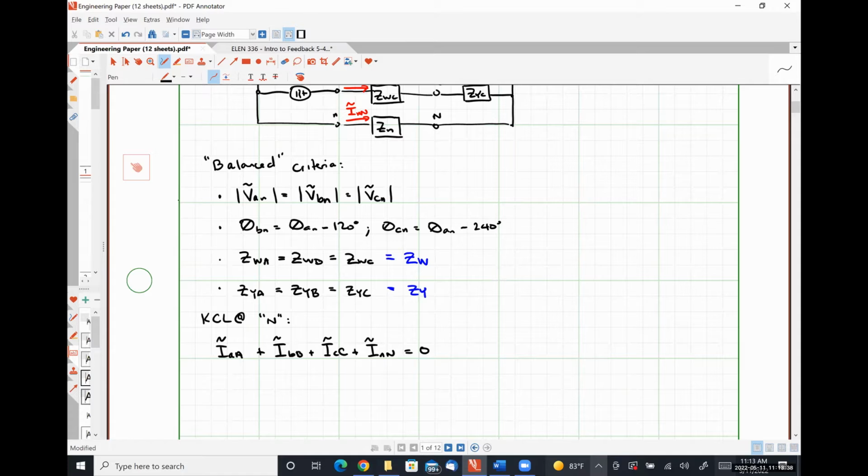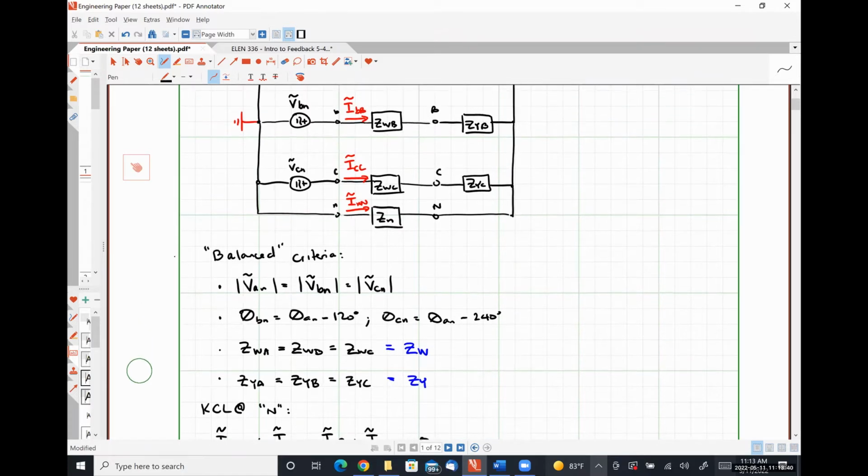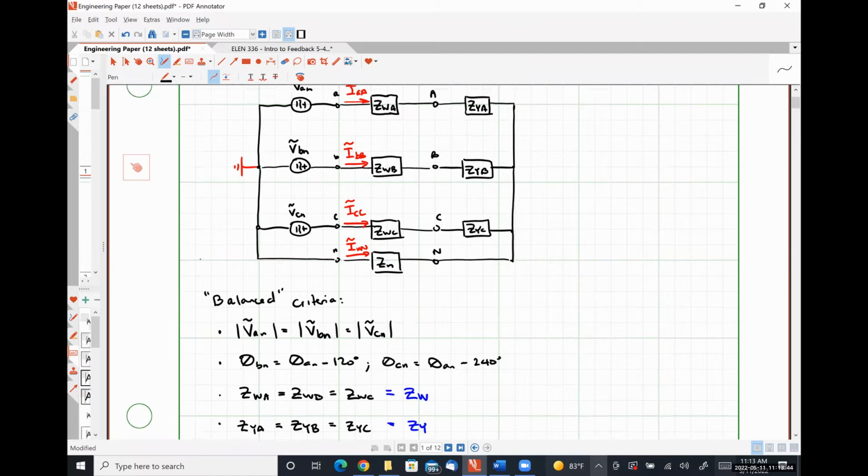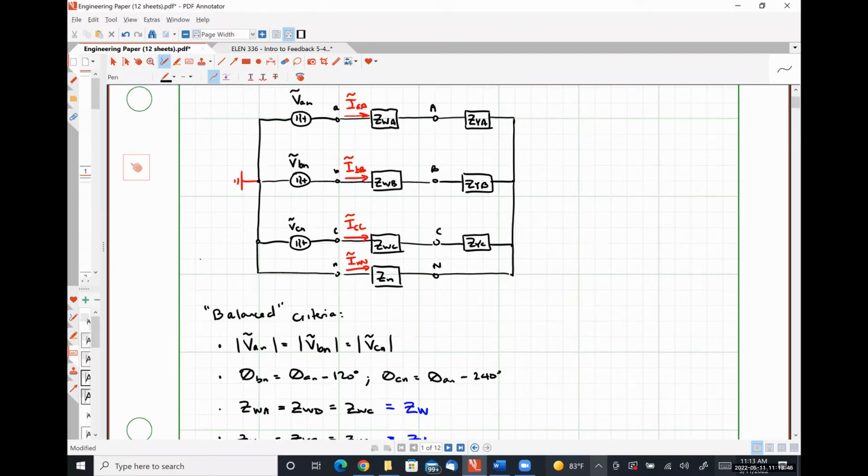Now what I'm going to do is express all of those line currents in terms of the voltage drop across the impedance of the line. So we have a voltage VAN where it starts, and a voltage V capital N lowercase n where it ends.